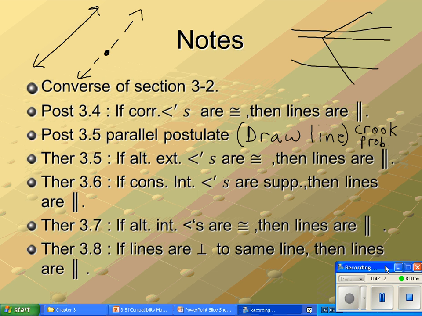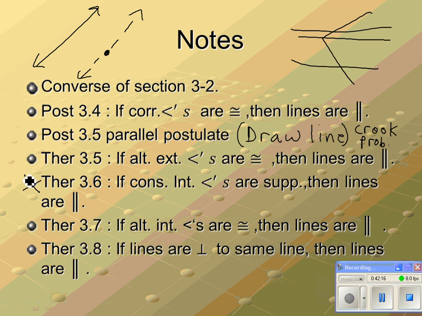This one, 3-6 here, is the one that is different than all the rest of them because it deals with consecutive interior angles. Consecutive interior angles aren't congruent to each other, they are supplementary. Then the lines are parallel. And if alternate interior angles are congruent, then the lines are parallel.